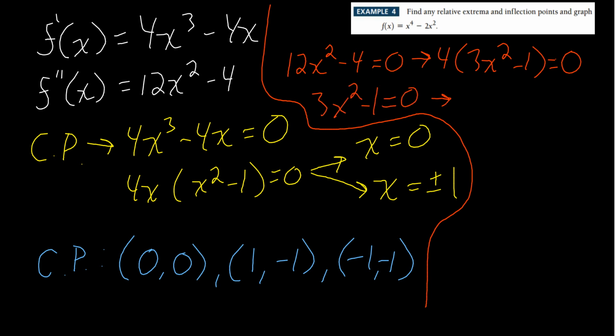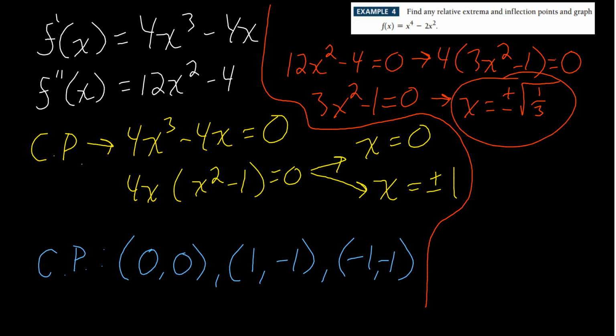Then we can do the rest in our head: add 1 to both sides, divide by 3, take the square root of both sides. So we end up with plus or minus the square root of 1/3. So these are my inflection points.